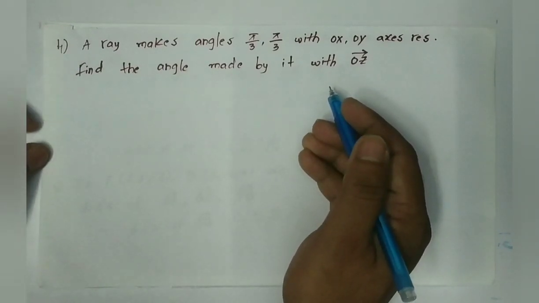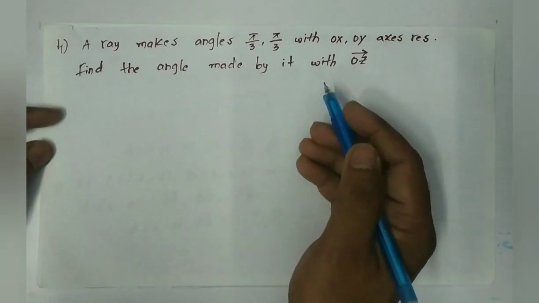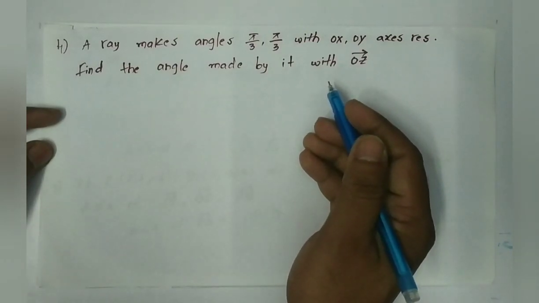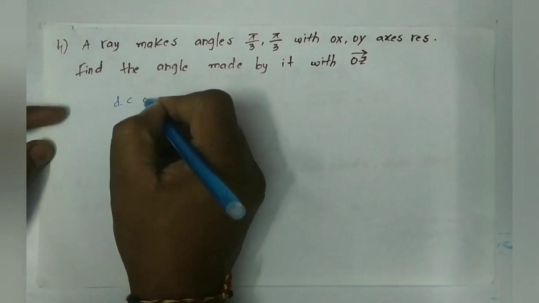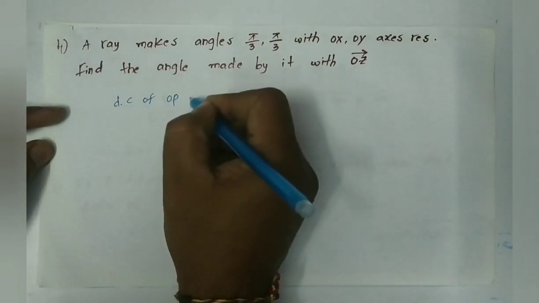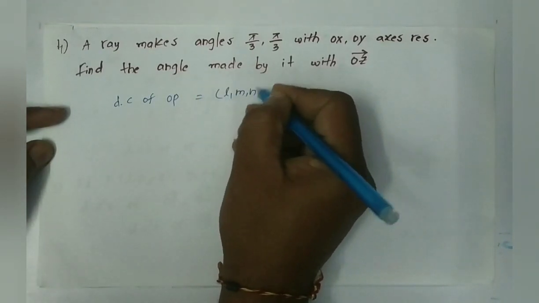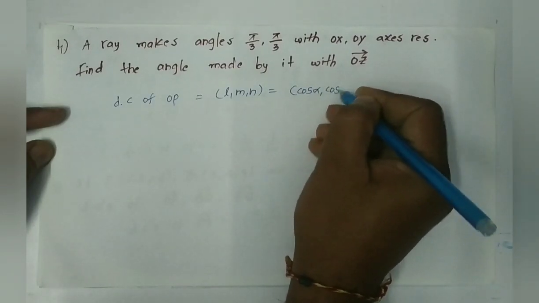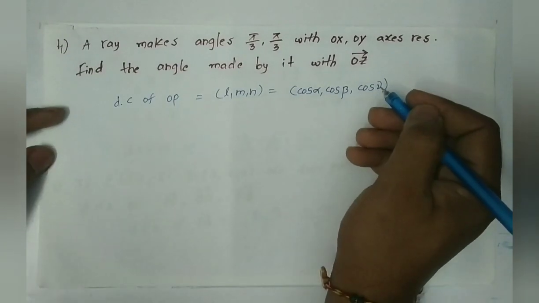First, let us consider the line OP, which makes angles alpha, beta, gamma with OX, OY, OZ axis respectively. Then the direction cosines of OP are given by L, M, N, which is cos alpha, cos beta, cos gamma.